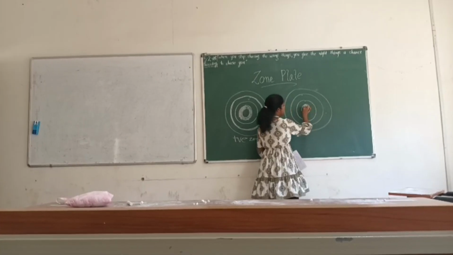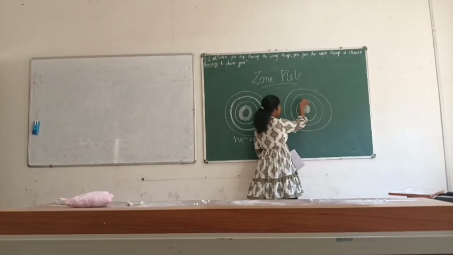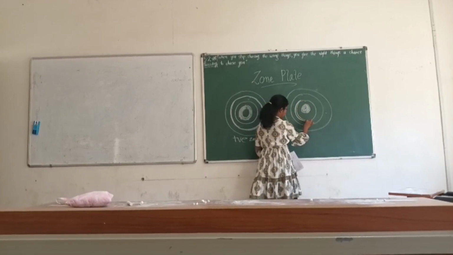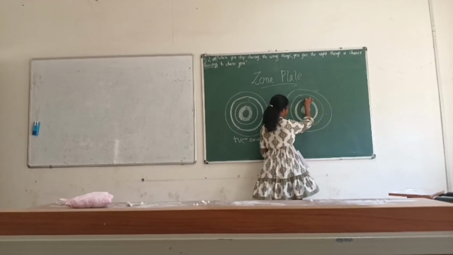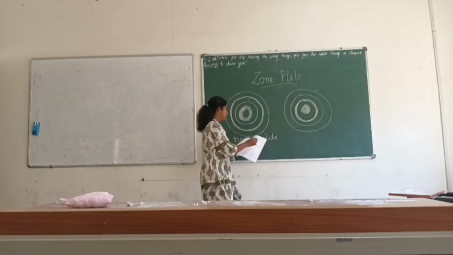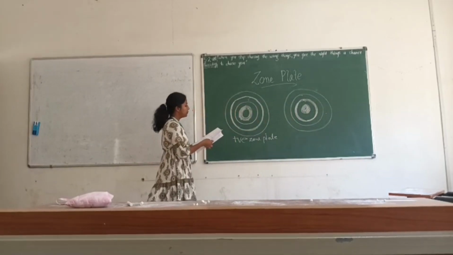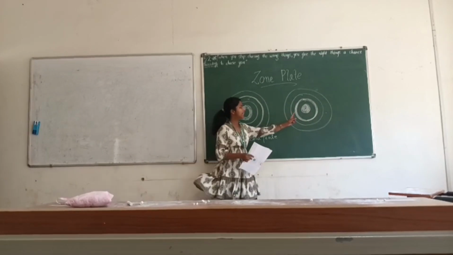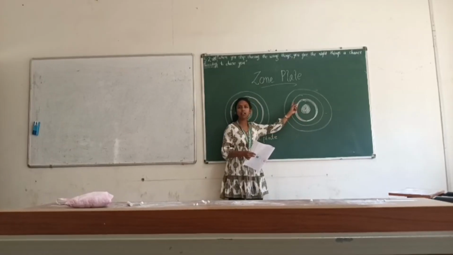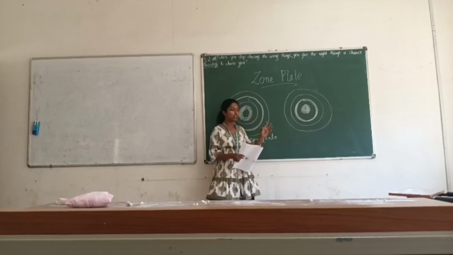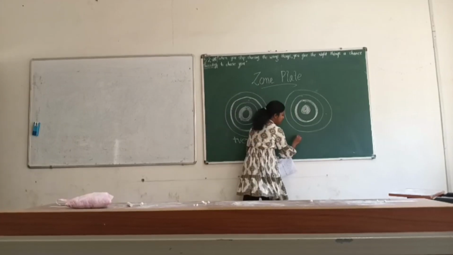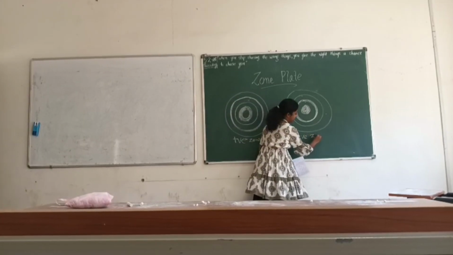The first one is darkened, then the second one, then the other one. So in this negative plate, the odd zones are black, or colored, or dark. This is the difference between negative and positive zone plates.